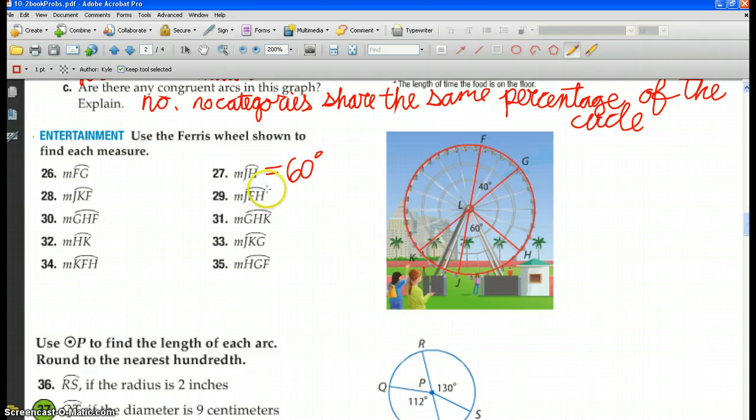Measure of JFH. So starting at J, going through F, and ending up at H. So basically the entire circle except for 60 degrees. So we need to take 360 minus 60, which gives us 300 degrees.